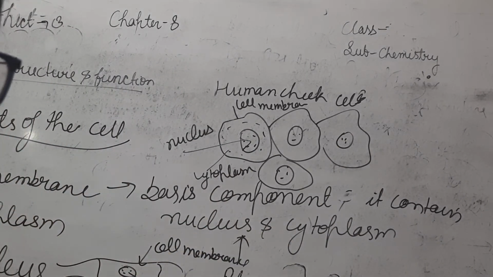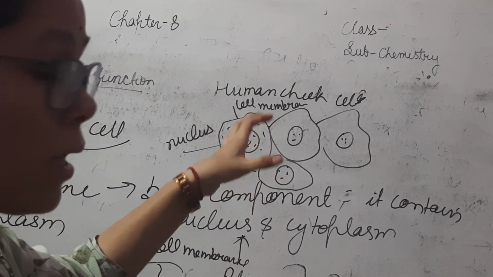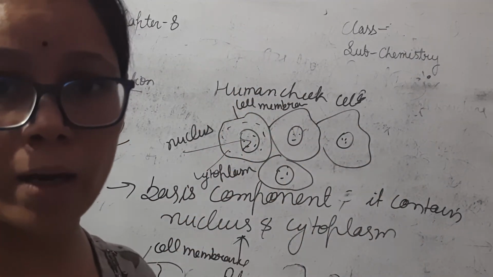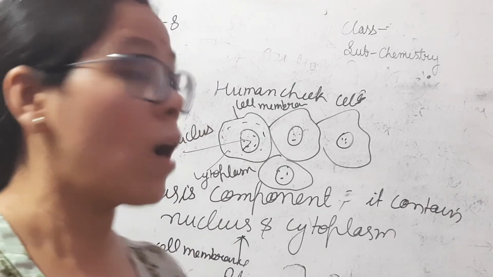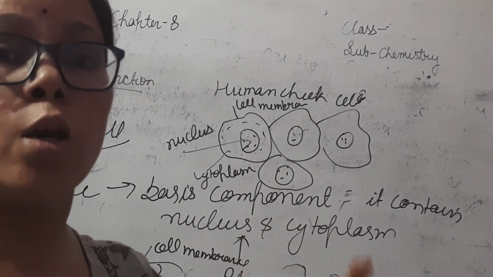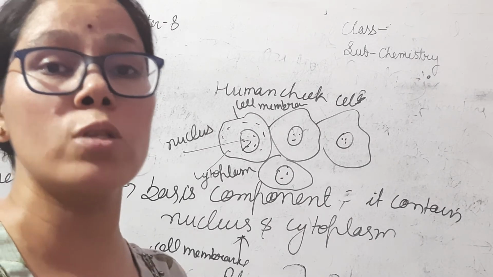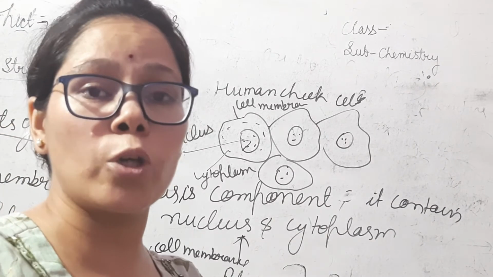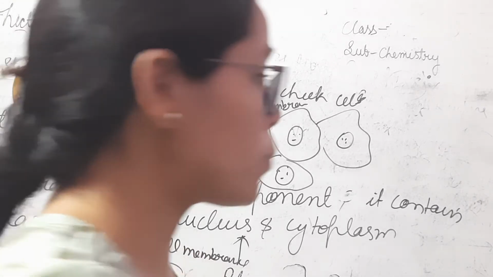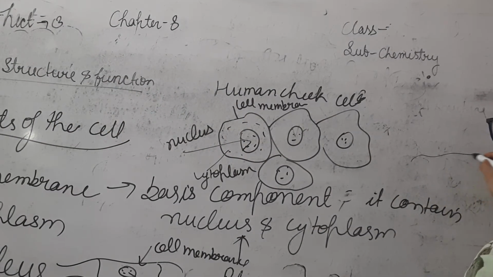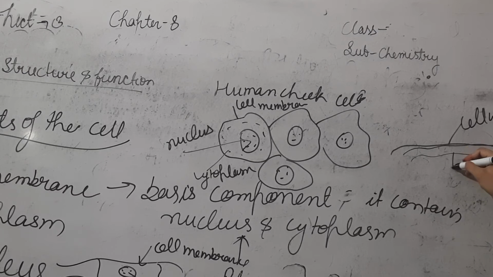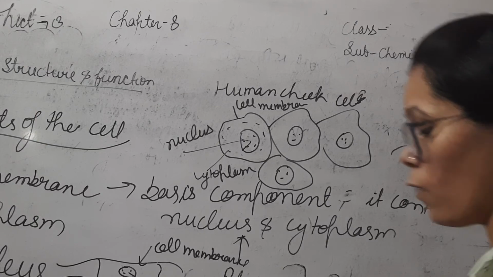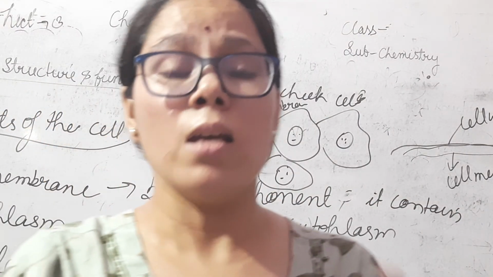In plants, the cell membrane also has one more part, an outer protective covering present outside of the cell membrane. This protective layer is known as cell wall. For example, this is the cell membrane, and the outermost hard layer is also present, which is known as cell wall. It is present in plants. This cell wall protects the cell membrane.